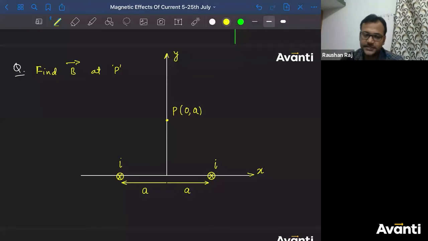I want the direction also. Without finding the direction, you cannot find the magnitude, child, for sure. Saksha, what is the meaning of cross encircled?